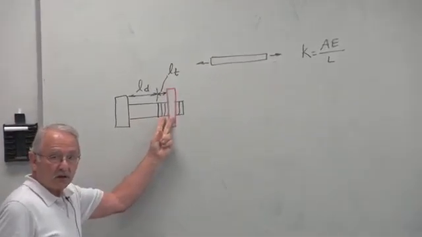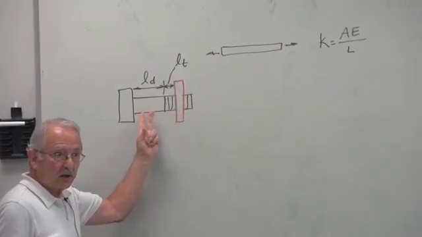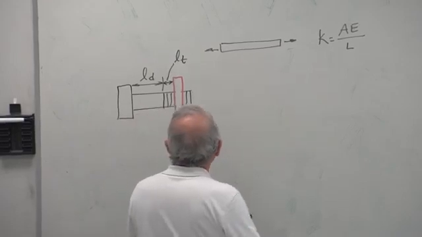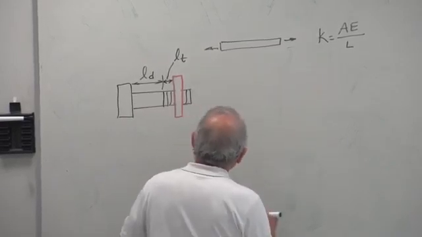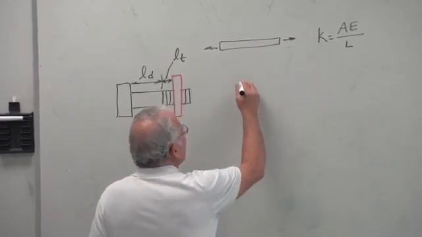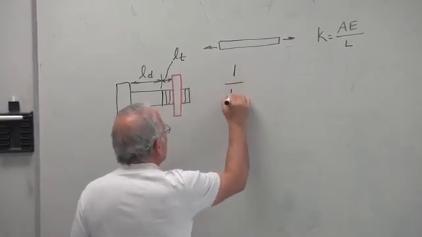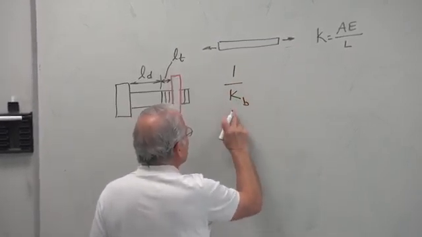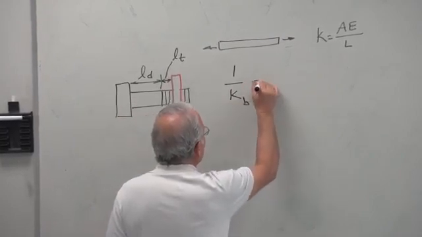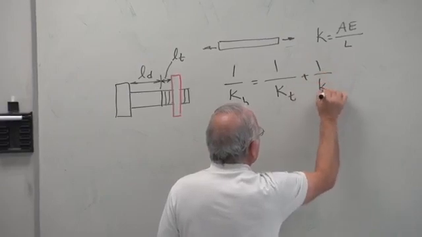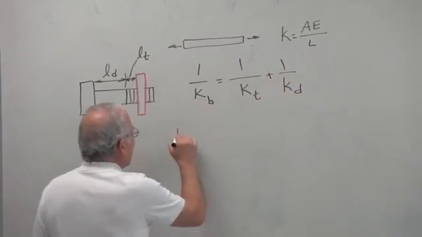We got a stiffness for the threaded part and for the unthreaded part, called KT and KD, respectively. And then we said these are two springs in series, so 1 over K, and I will call it K of bolts, the stiffness of the bolt, is equal to 1 over KT plus 1 over KD.